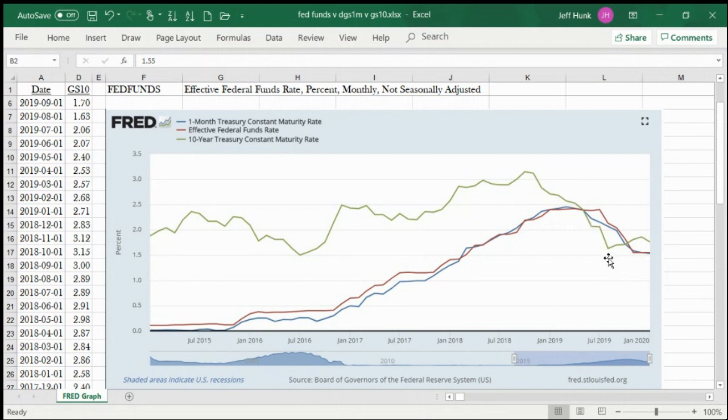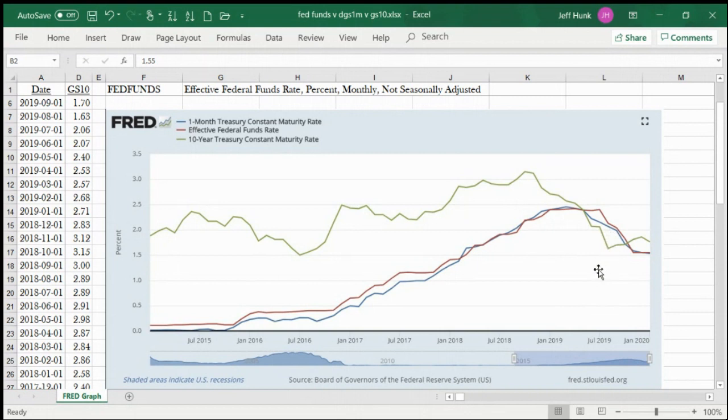So between May or June of 2019 until end of December 2019, there was some scare about recession, and during that period, long-term yields were lower than short-term yields, right? You see that? So that is an inverted yield curve.